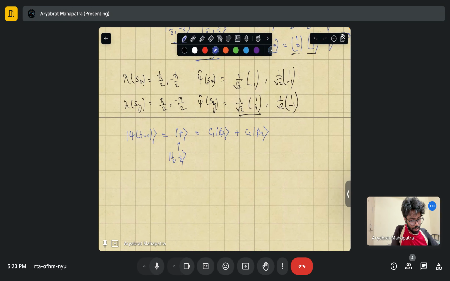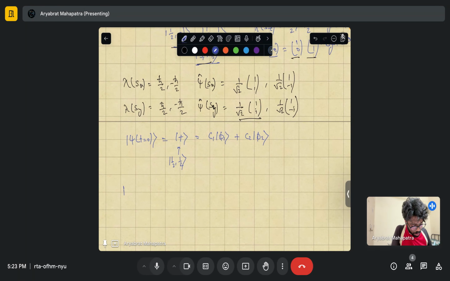If your Hamiltonian is omega Sy, and the initial state is given to be plus, meaning 1 0, which is only the plus half state, but 1 0 is not the eigenstate of Sy, the Sy which is there in the Hamiltonian. So initially your state was not an eigenstate.